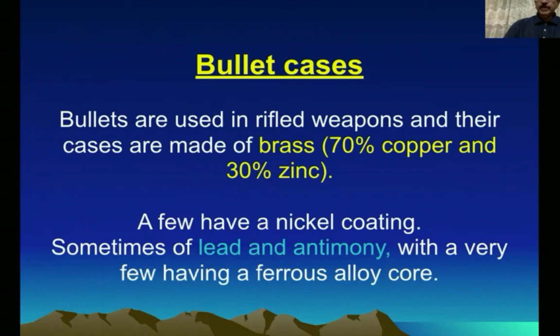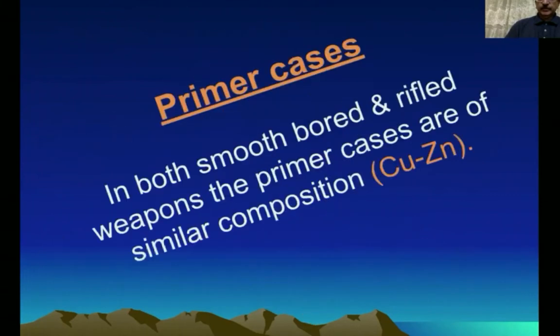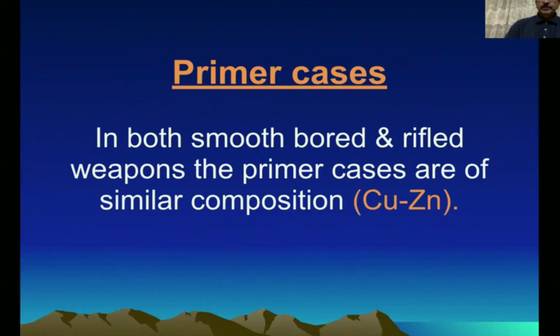So various combination of various metals have been used for making bullet cases. Then the primer case. The primer is the main ingredient where the firing pin strikes. And in both smoothbore and rifled weapon, the primer cases are of similar composition, copper and zinc.